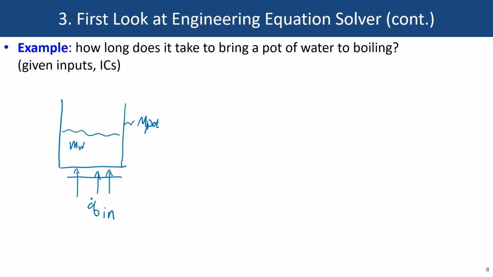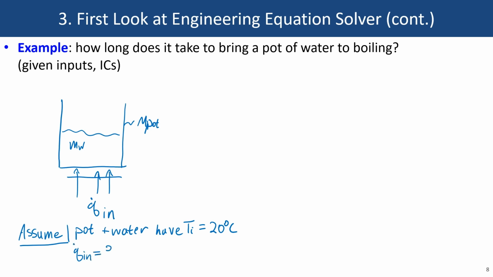For now, let's just make a couple assumptions. Assume initially the pot and water are at some initial temperature, let's say room temperature. So we'll say that the pot plus water have initial temperature Ti is 20 Celsius, some typical room temperature value. We'll just make a couple other bits of input. So we'll say Q in is, let's say, 300 watts, just as a guess here.